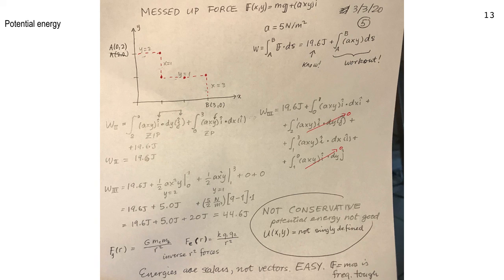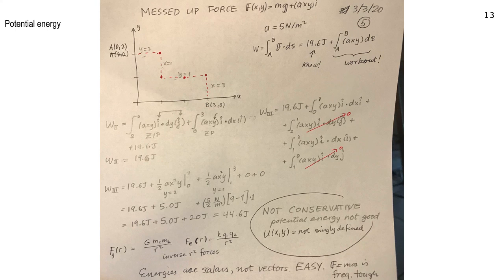So along path 2, and actually, let's put plus 19.6 joules. So this thing, work 2, is equal to 19.6 joules. All right. Now let's try a path where we don't have to deal with either y equals 0 or x equals 0 until the final move.